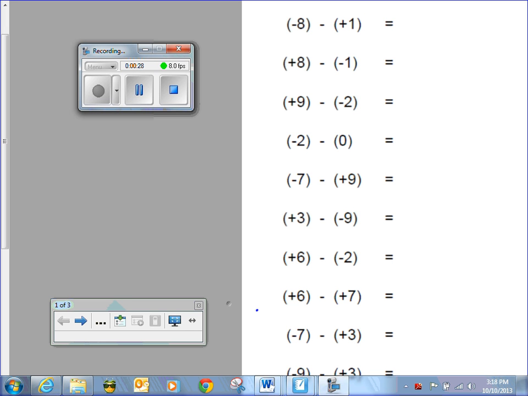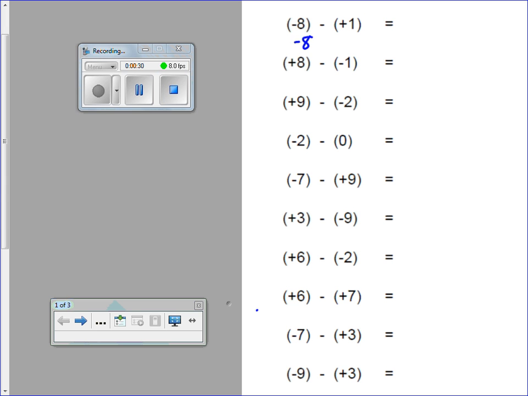So I'm going to write -8 plus the opposite of +1, -1. +8, that first number stays the same, plus the opposite of -1 is +1. 9 plus the opposite of -2, +2. -2 plus, there is no opposite of 0, it stays the same.